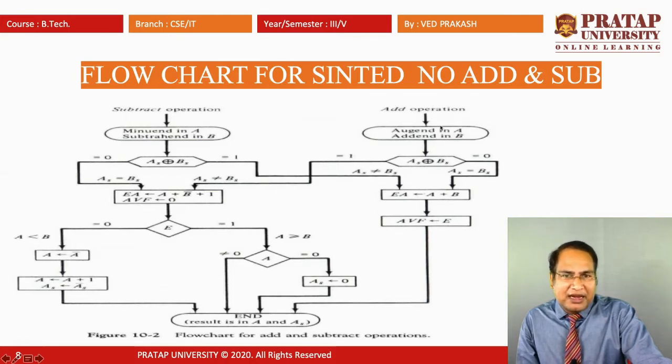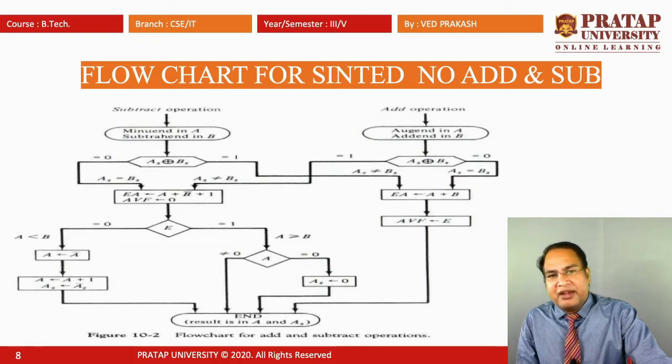On the second side, we observe the addition operation. We put the augend in register A and the addend in register B. Again we check the sign bits AS and BS by passing them through the XOR gate, and if the value is 1, the signs are different, so the addition operation will denote the subtraction operation.